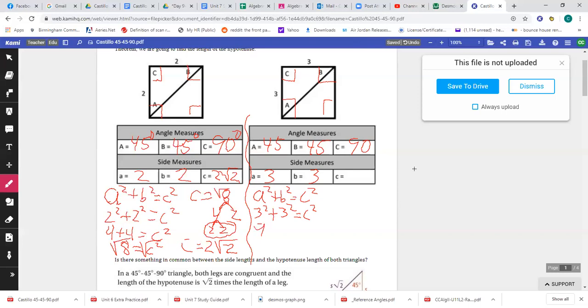So 9 plus 9 is equal to c squared. So I get 18 is equal to c squared. And then once again, I'm going to take the square root of both sides. And so I get c is equal to the square root of 18.